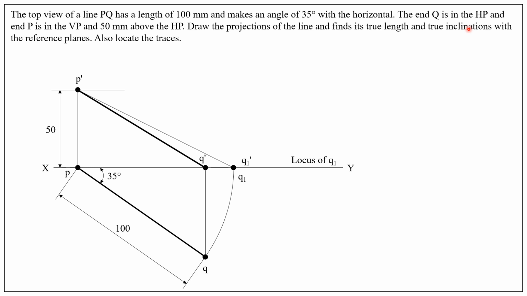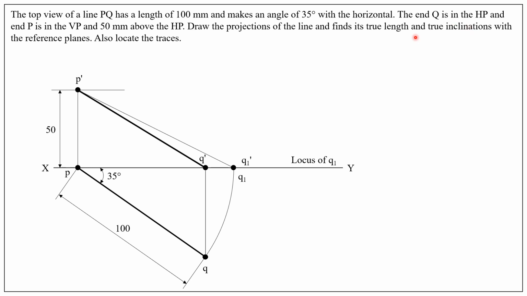P dash Q dash is the front view drawn assuming the line is parallel to VP and inclined at an angle theta to the horizontal plane. Since it is drawn assuming parallel to VP, the length P dash Q dash represents the true length.